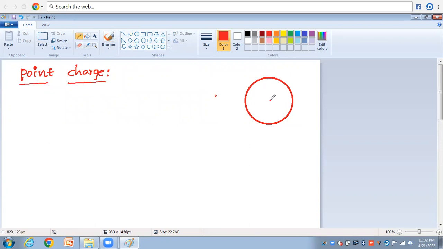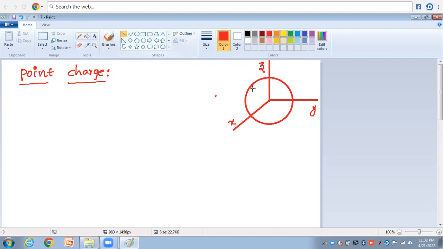Now in this one there is three-dimensional space. This is one axis, this is another axis, and this is another axis: this is y, this is z, this is x.